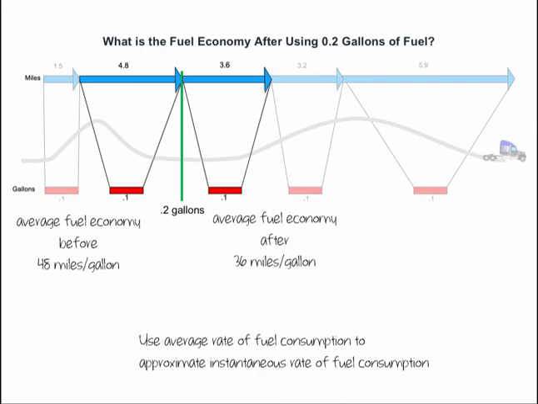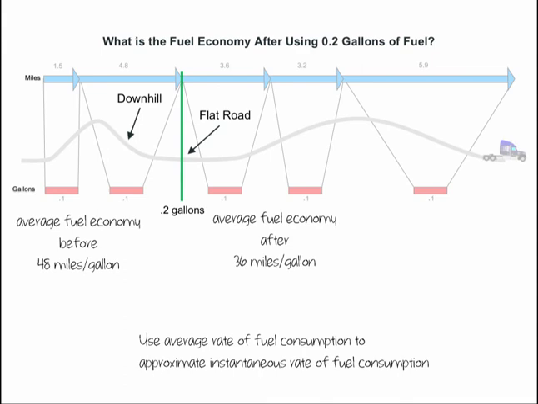Now we have two approximations of the fuel economy at the 0.2 of a gallon mark. Unlike before, we don't immediately know that the fuel economy is constantly increasing or constantly decreasing. So we have to think about the context to determine whether each of these might be an overestimate or an underestimate. Right at the 0.2 of a gallon mark, the road is flat.